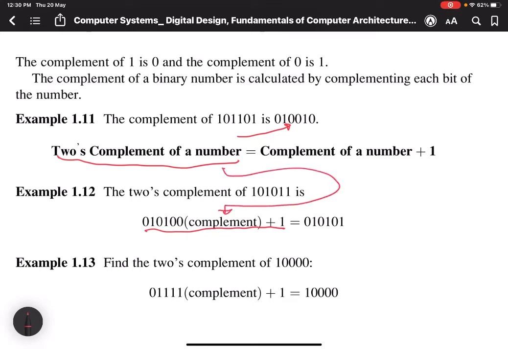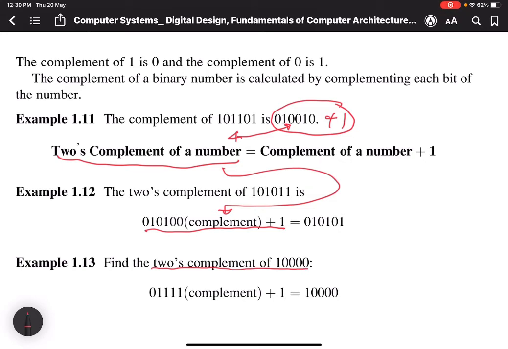Kasi dapat nating lagyan to ng 1. Okay? So pag nilagyan mo ng plus 1, it will be the 2's complement.